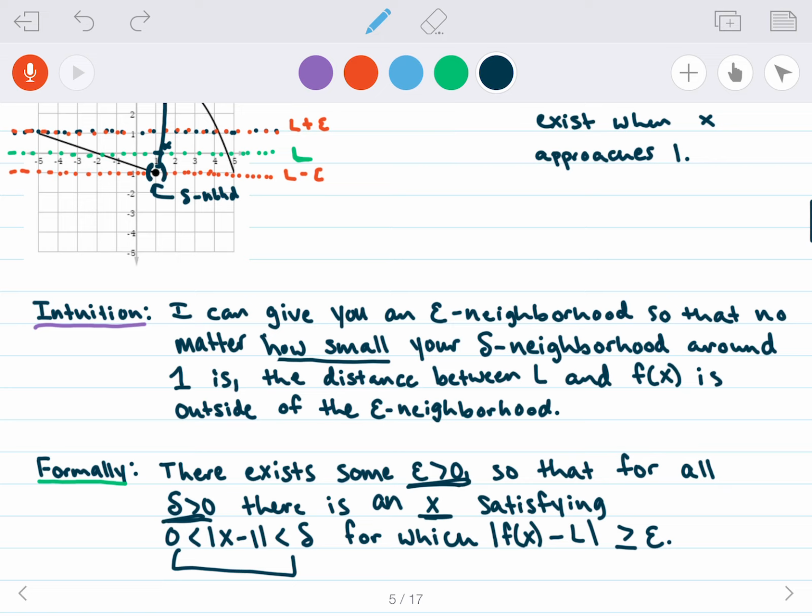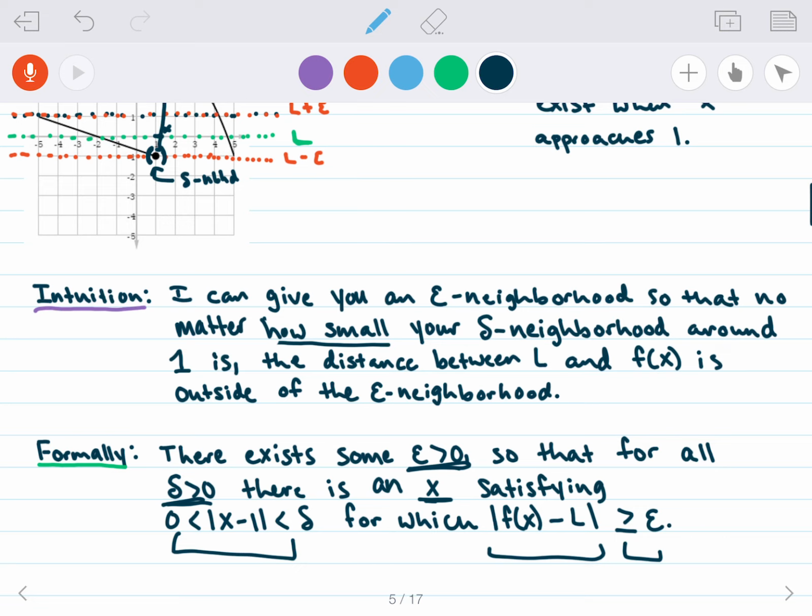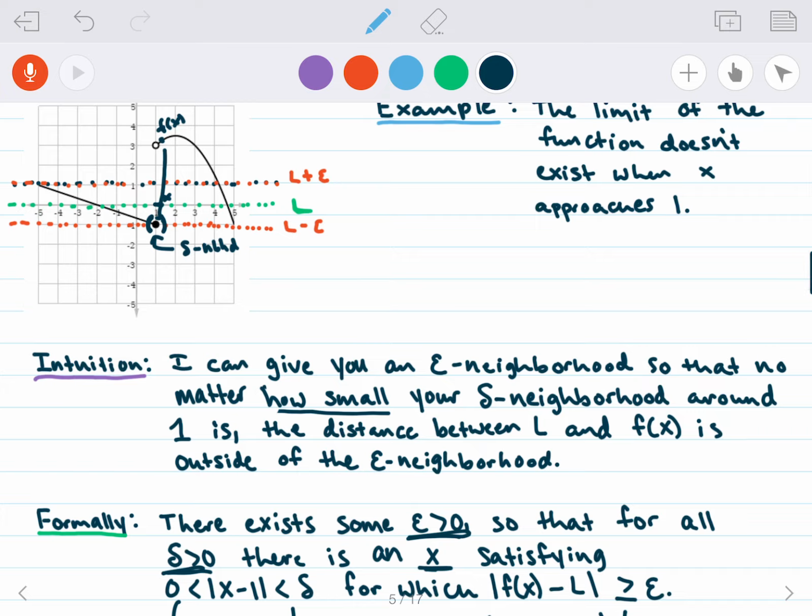That's just saying x is in this delta neighborhood centered at 1, for which the distance between f of x and the limit is going to be bigger than or equal to epsilon. So that f of x minus the limit is not in the epsilon neighborhood.